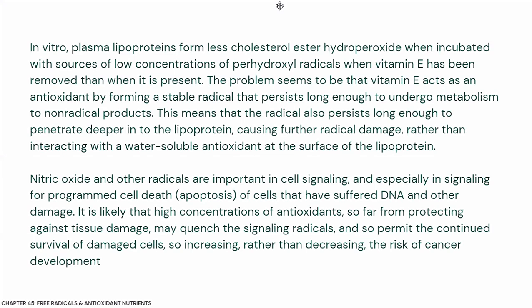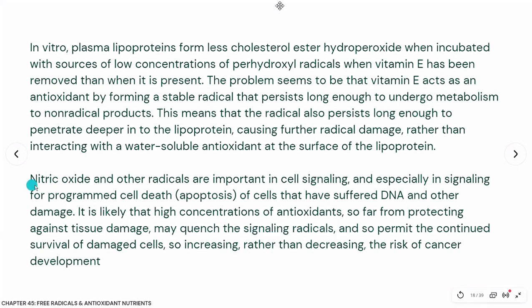And nitric oxide is very, very important in this because they tag cells that are to be destroyed. Apoptosis. Okay. Cells that have suffered DNA and other damages. It is likely that high concentration of antioxidants, so far from protecting against tissue damage, may quench the signaling radical.